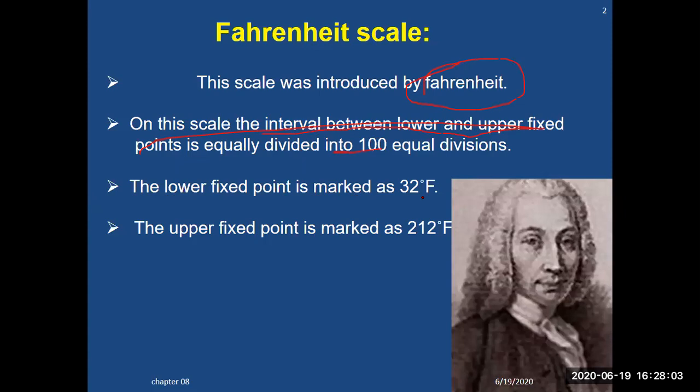The lower fixed point is 32 degrees Fahrenheit and the upper fixed point is 212. In between, it is divided into 100 equal parts, so one part is equal to 1 degree Fahrenheit. So this is the main point in the case of Fahrenheit: the lower fixed point is 32 degrees and the upper fixed point is 212 degrees.